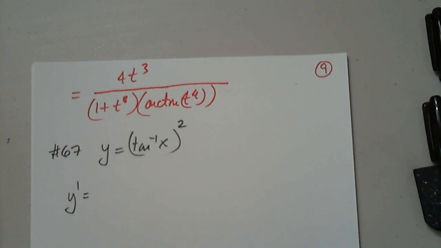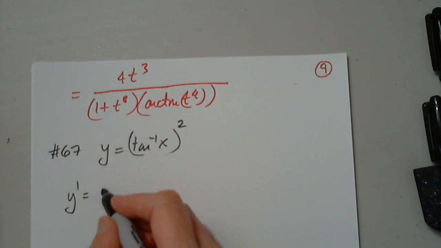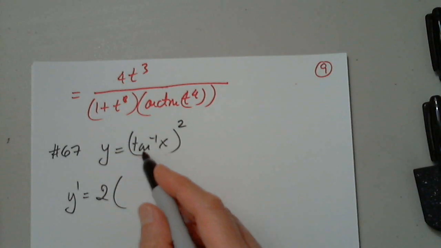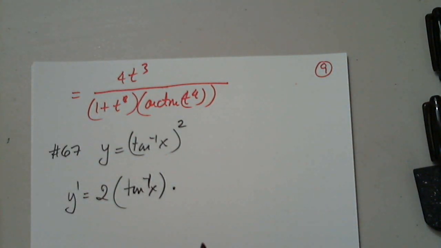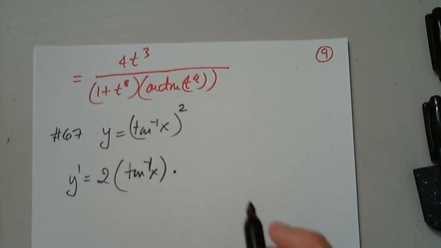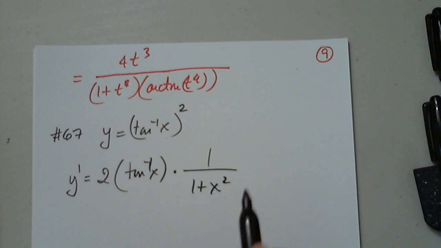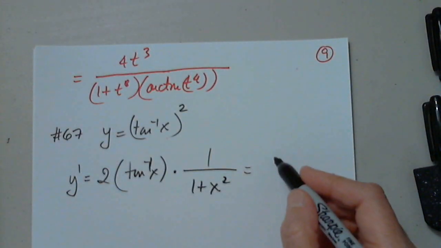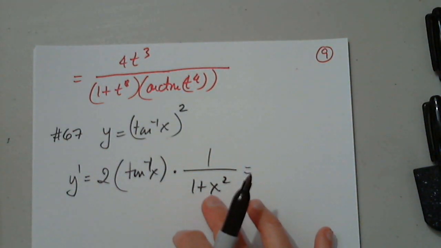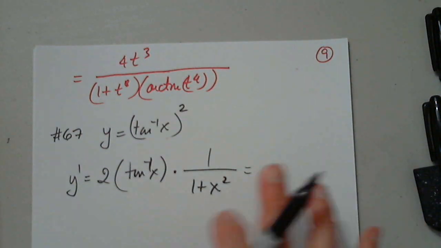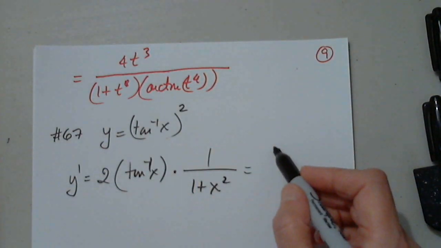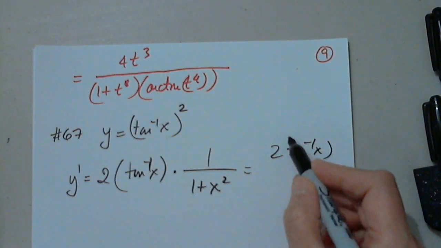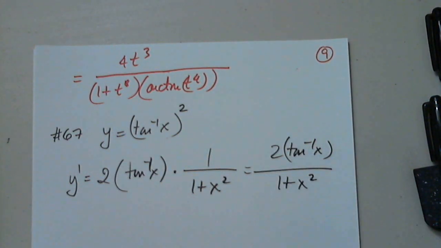Awesome. 2 times arctangent or tangent inverse x, good, times the inner function prime. 1 over 1 plus x squared. That's it. And if you want to condense it, this is not an equation. I can continue to the side. I'm not solving an equation, so I can continue with equals, equals. So this is 2 tangent inverse x over 1 plus x squared. Perfect.